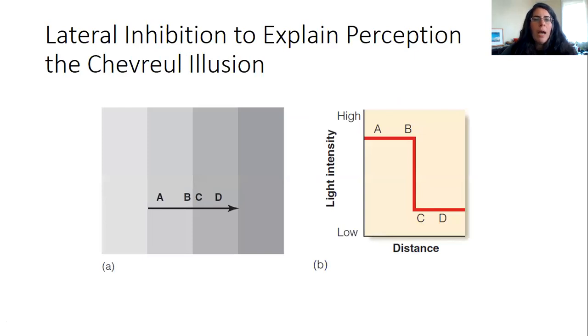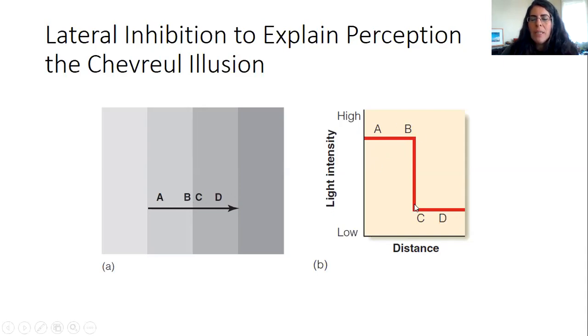So when you look at the Chevreul illusion, again, this figure is talking about the intensity of the light information not changing from A to B. Right? From A to B, there's no change in intensity.